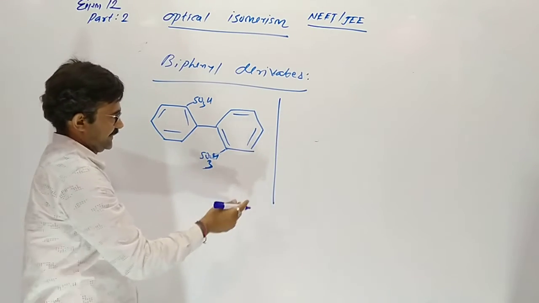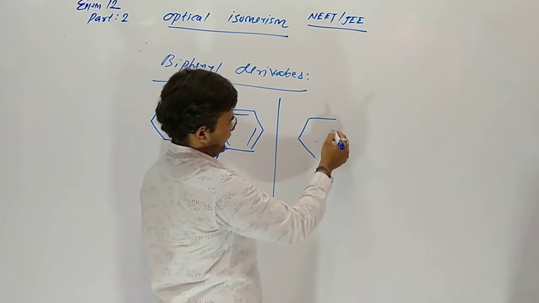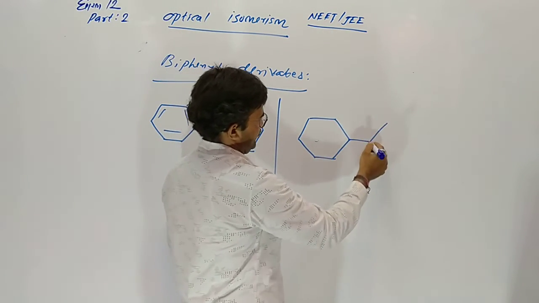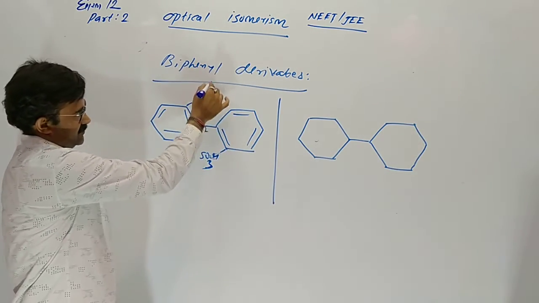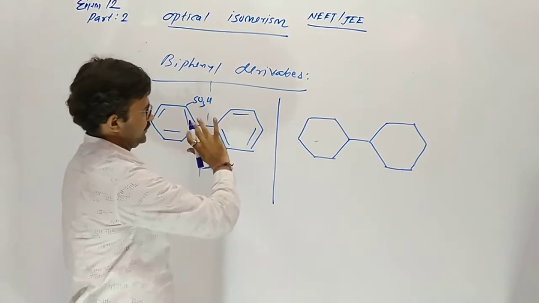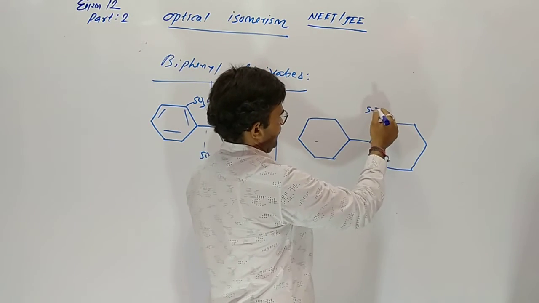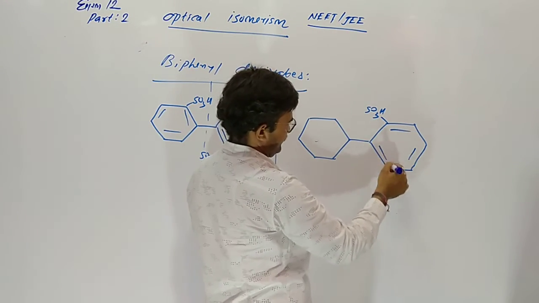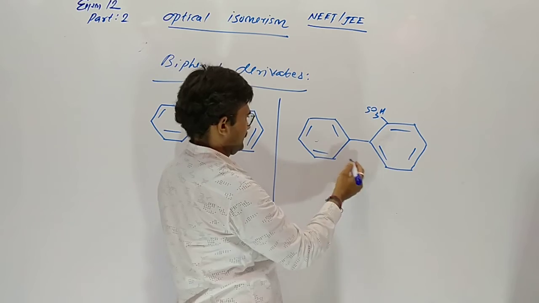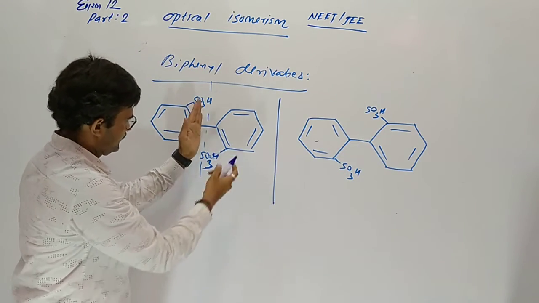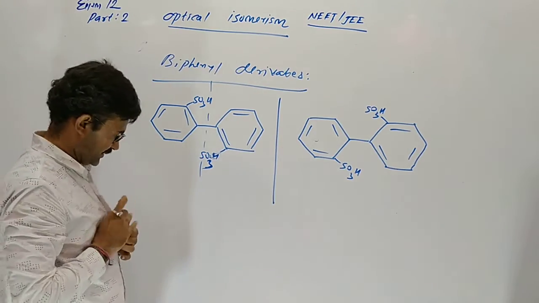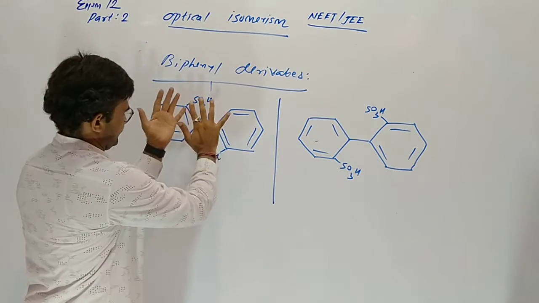When we take a mirror image of it, in the mirror, left hand side moves into right and right into left. So SO3H comes here, and this SO3H comes here. Mirror image means this part moves here.